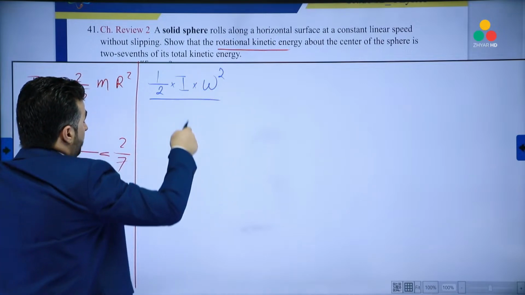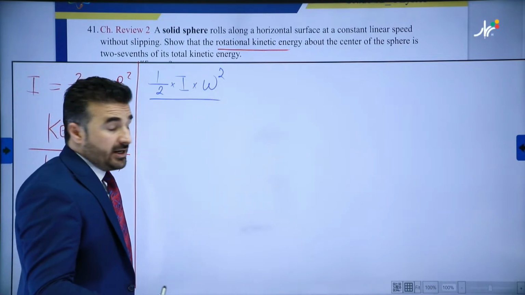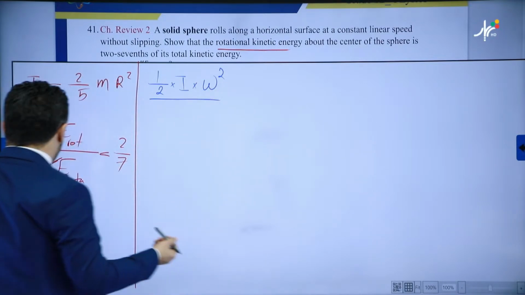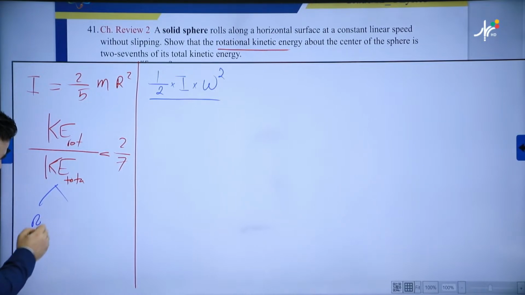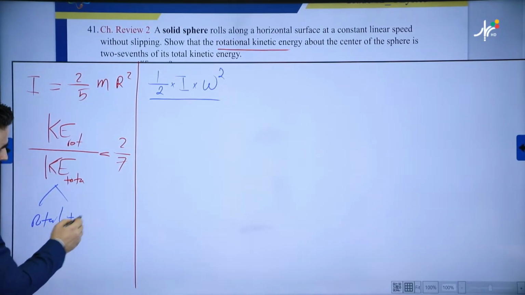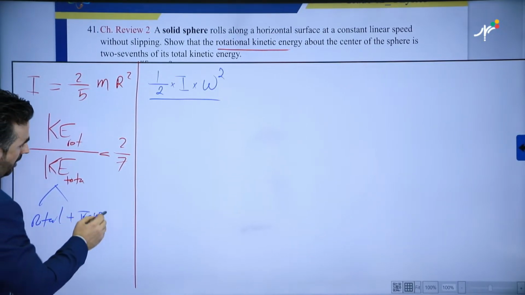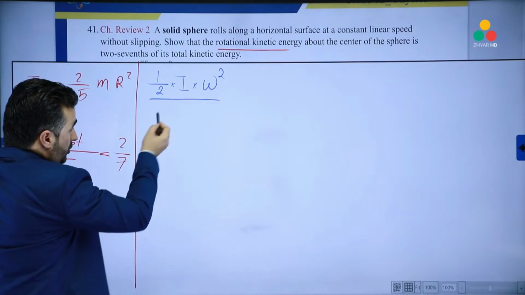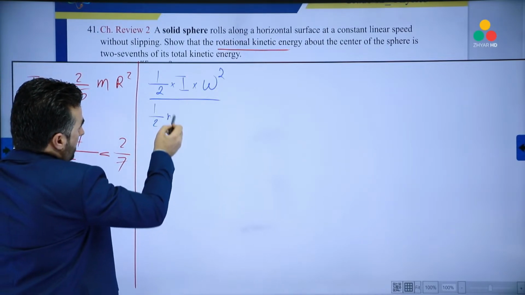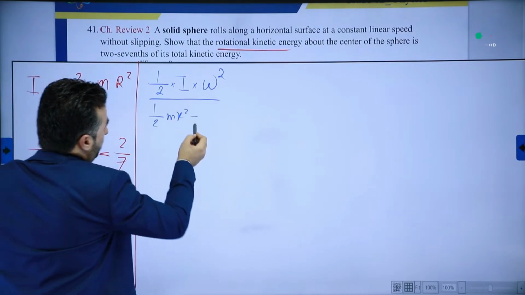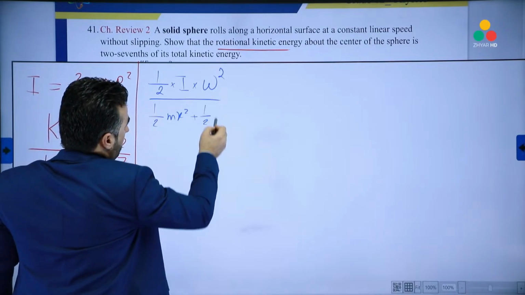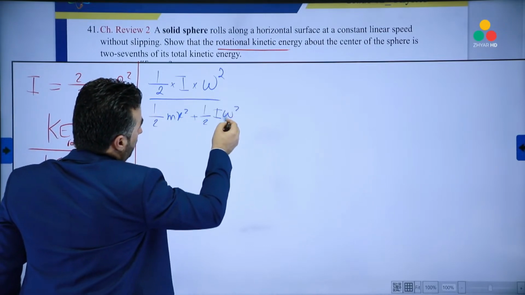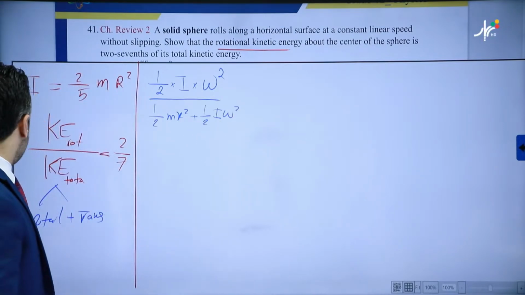All right, and then what about for the total kinetic energy? For the total, of course, we have rotational kinetic energy and translational as well. So in this case, we'll go with translational first, 1 over 2 mass times speed squared plus 1 over 2 again, moment of inertia multiplied by angular speed squared.